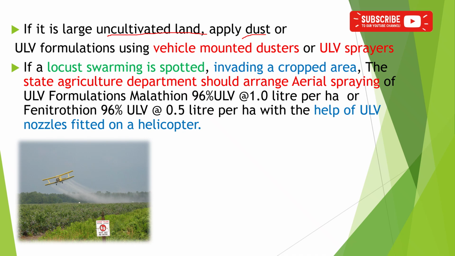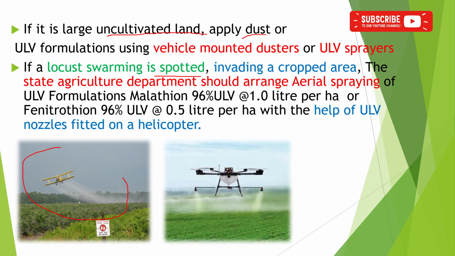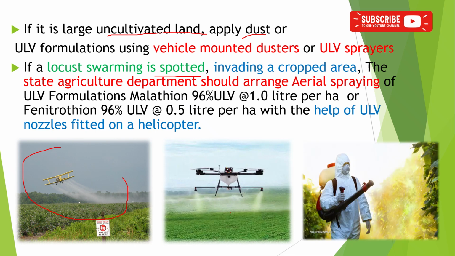If the locust swarming is spotted and invading a large cropped area, the state agriculture department should arrange aerial spraying of ultra low volume formulations like malathion or fenitrothion with the help of ultra low volume nozzles fitted onto a helicopter, or we can also apply the pesticides using drones. While applying these pesticides, care has to be taken.